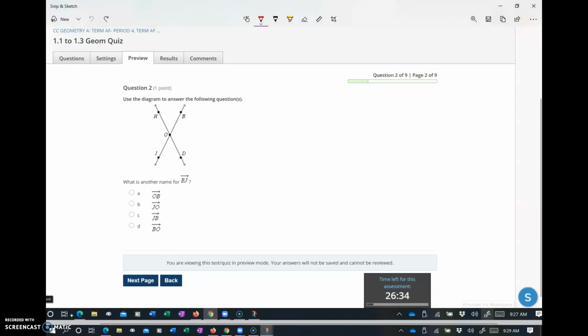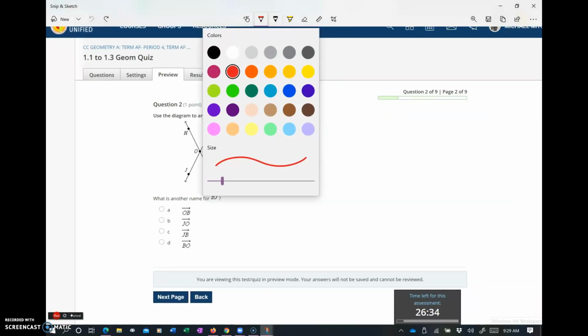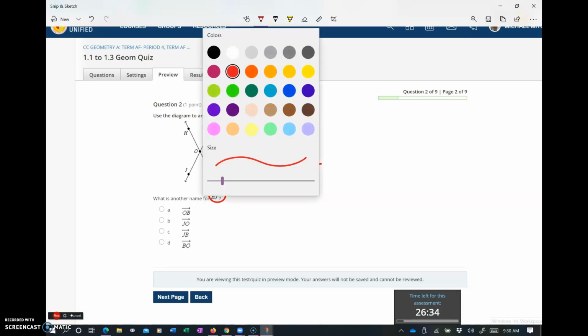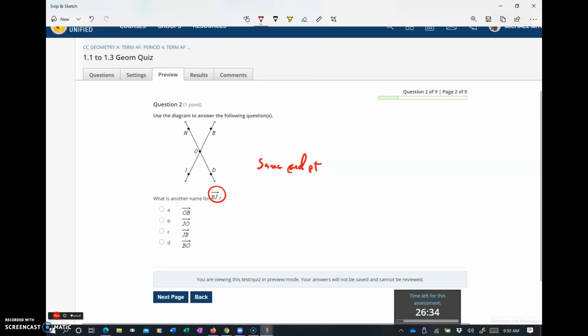For number 2, we're looking for another name for Ray BJ. Let me get my pen turned back on here. Ray BJ. So we have to have the same endpoint. I need to change my thickness. I changed it on the last one. Same endpoint.